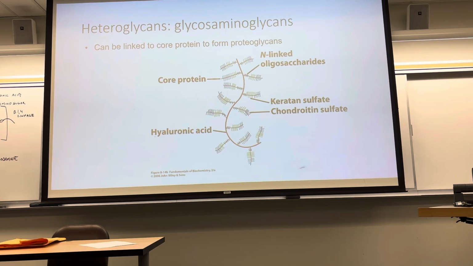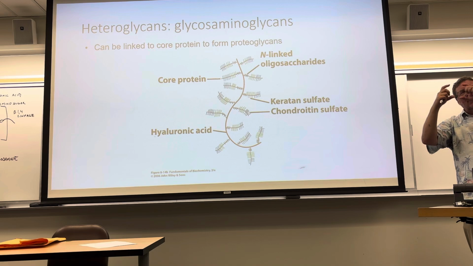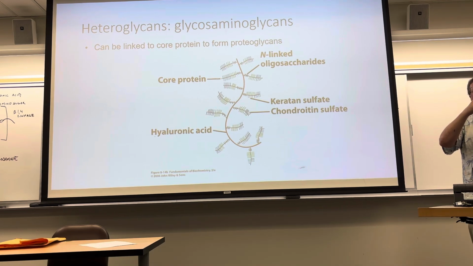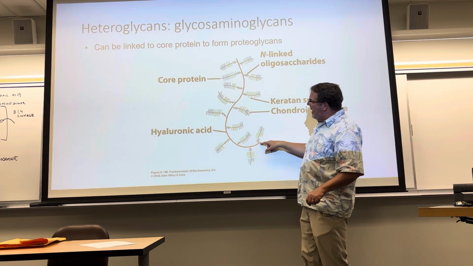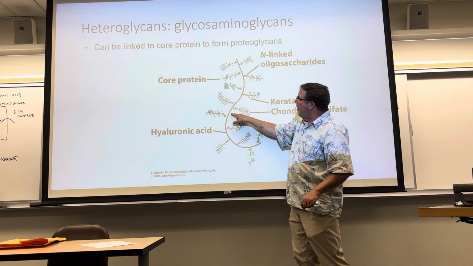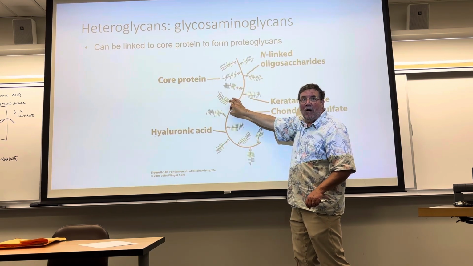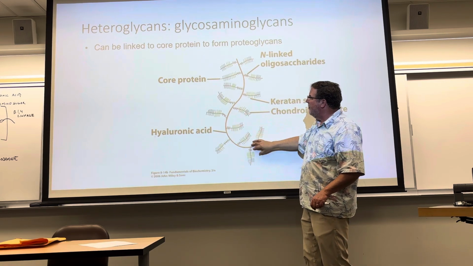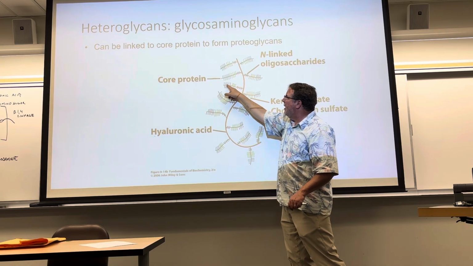So these things, typically, particularly in connective tissue, these glycosaminoglycans, these heteropolysaccharides, are not found by themselves, but are actually found connected to peptides. And so the way this actually works is you'll have a chain down the middle of the hyaluronic acid. So the repeating disaccharide units are repeating in there. So there'll be a long heteropolysaccharide chain. And those in turn will be attached to short peptides that come off the side of that, right?